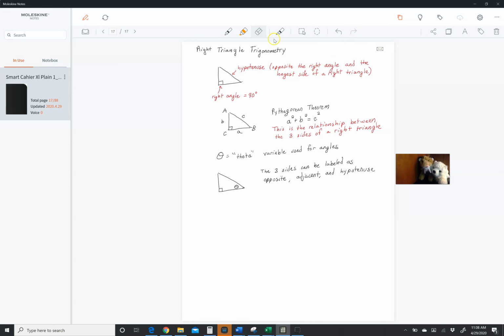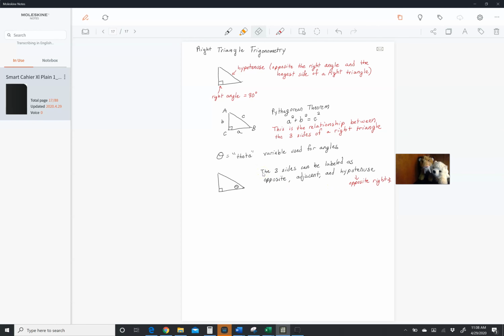And the hypotenuse we already know is always opposite the right angle. That symbol is used to represent angle.